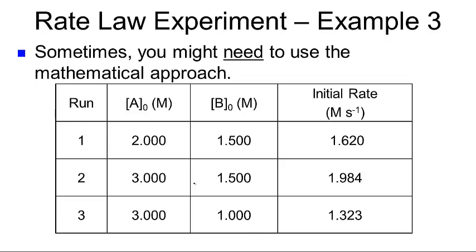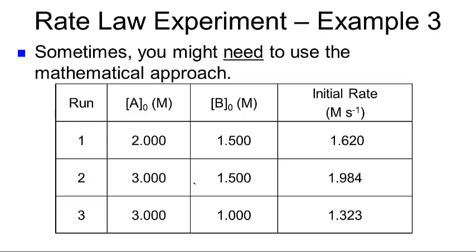So in this case, I have what's happening to A from run 1 to run 2. It goes up 50% or 1.5 times. The rate, not as much, and not like an easily divisible number, right?